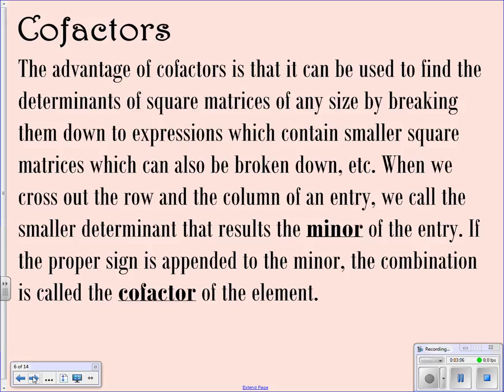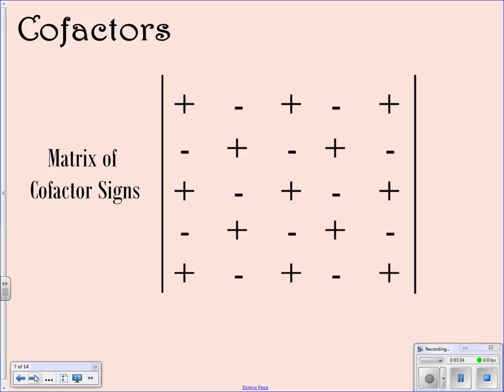If you affix the proper sign to your minor, the combination of the two is called the cofactor of the element. Okay, so if you have the proper sign appended to the minor, then you're going to have your cofactor. The way you get the sign is from this matrix of the cofactor signs. I think it looks kind of pretty.